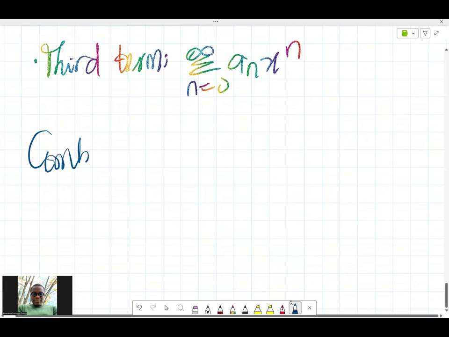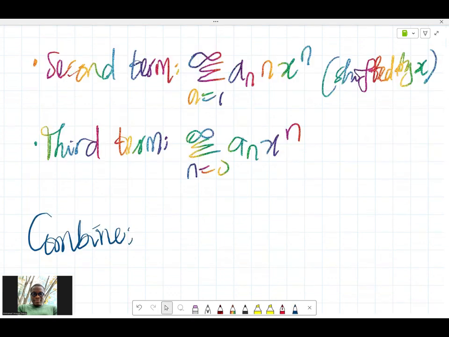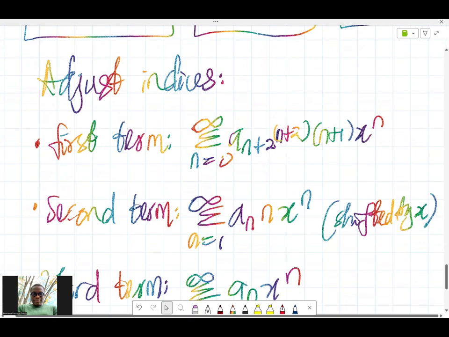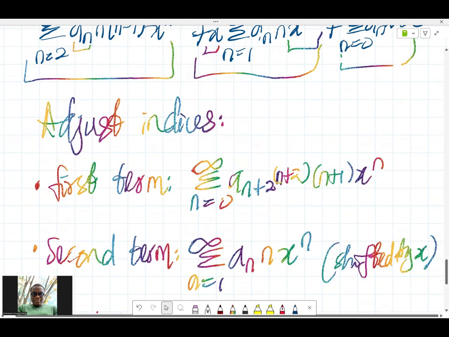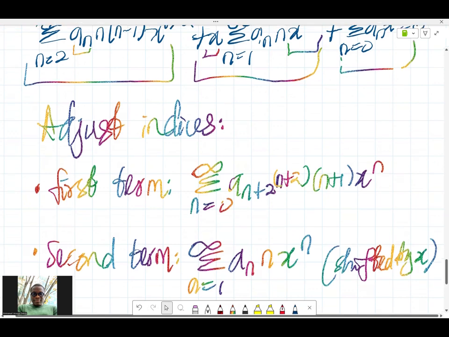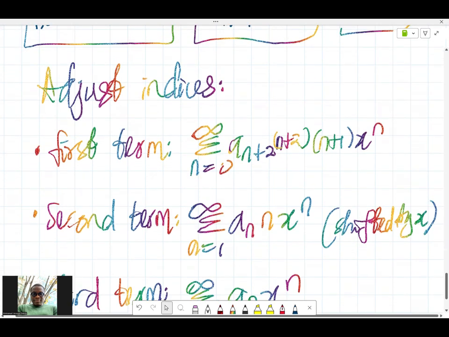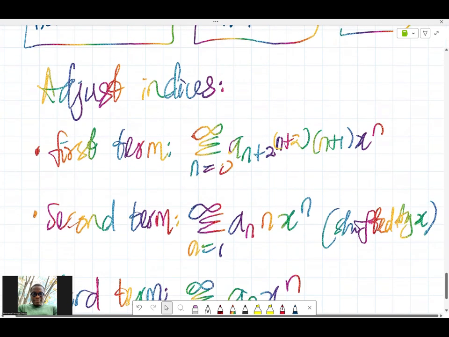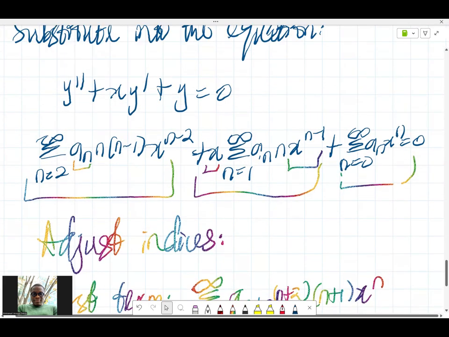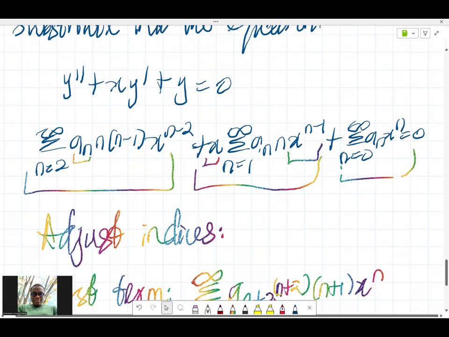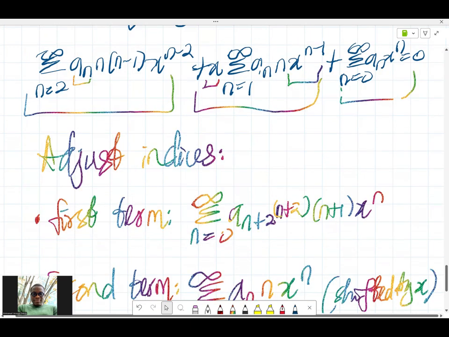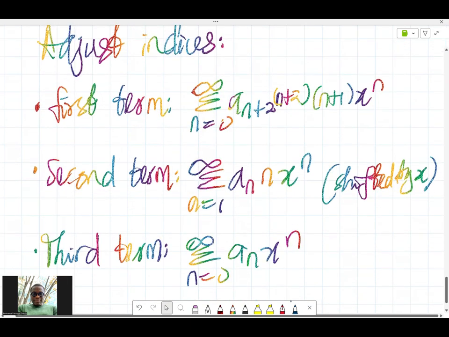So we now need to combine everything, because it's one expression, right? So by combining everything, what do we have? So we need to combine everything. Let's just do what we need to do.